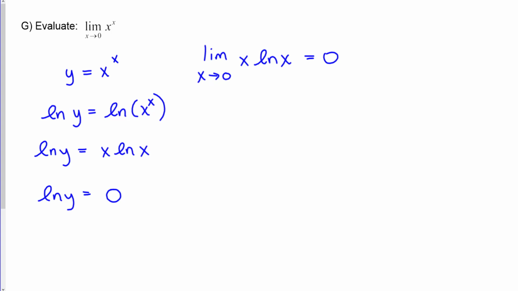And if I solve for y, I would have to get y out of the logarithm. So I could raise both sides of this equation using a base of e, so that I get y equals 1. And y was my original function, and so through the limiting process, it implies that the limit of the original function is what I just came up with as 1.